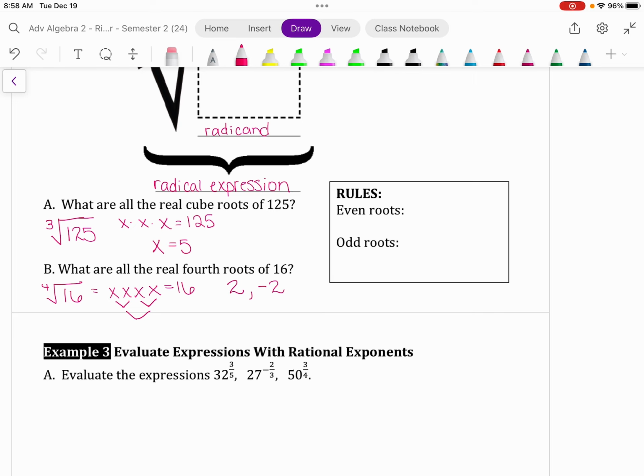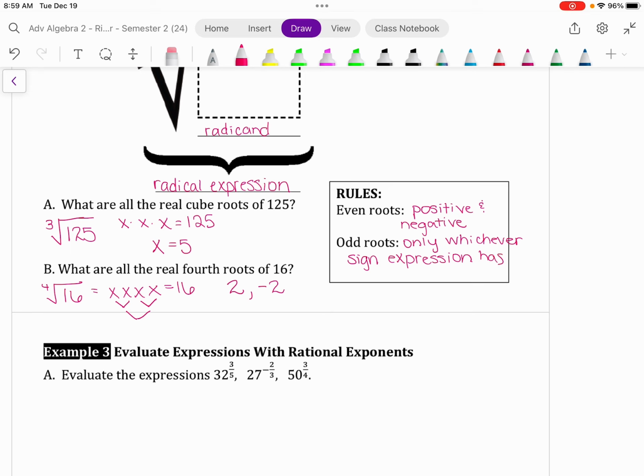So your rules here: if you have an even root, your answers are positive and negative. If you have an odd root, it is only whichever sign the expression has. So in this example, our expression was positive 125, so our answer was positive.